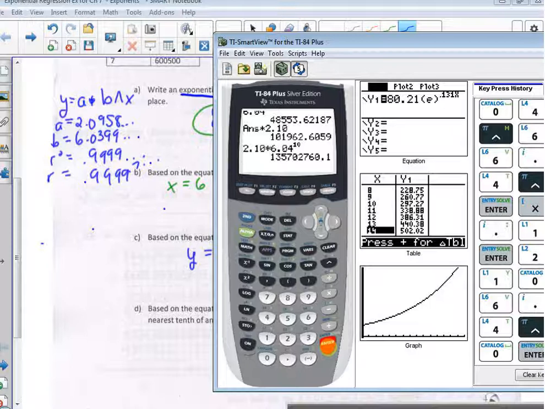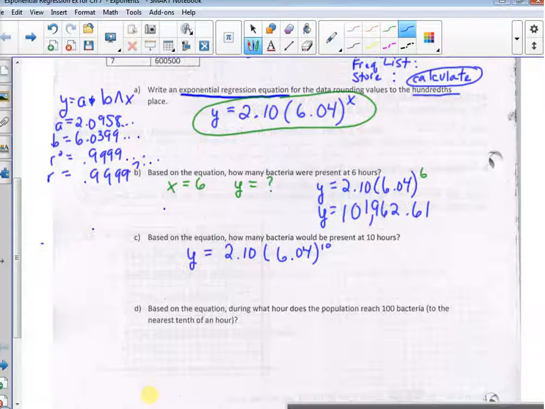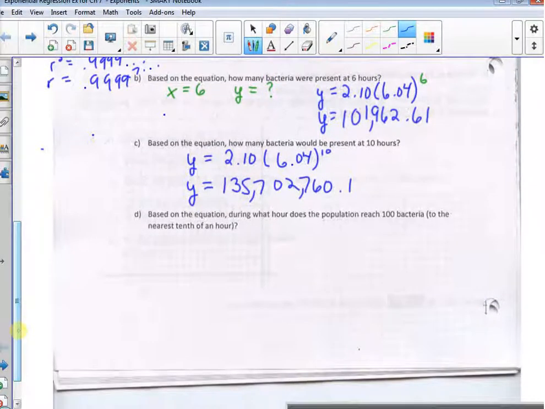What is that? 135,702,760.1. So y is equal to 135,702,760.1.